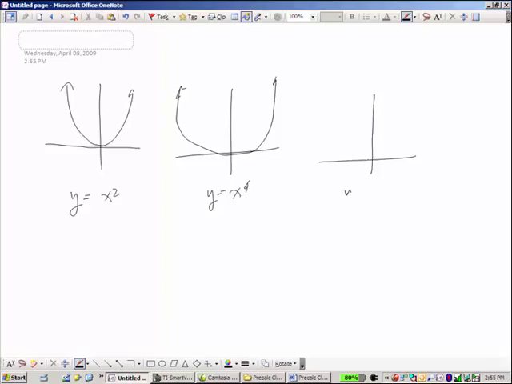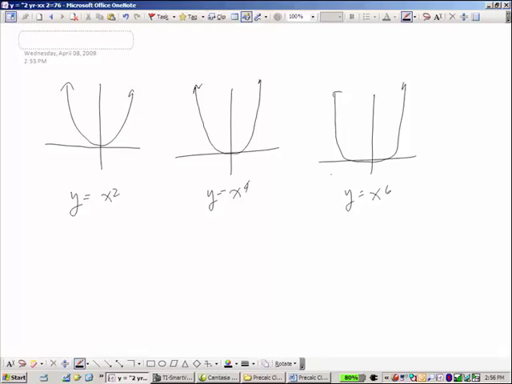Sort of. y equals x to the sixth is going to look something like that. Sorry, no, you're right. You're absolutely right. The bigger the exponent, the flatter the bottom is. But it definitely did not look very proportional.